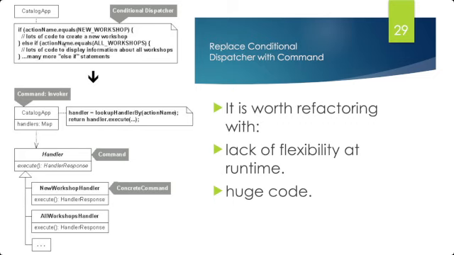So we replace a very long condition code with one line of code where we just execute something, and all of these lines of code will be hidden inside these classes, inside every handler.